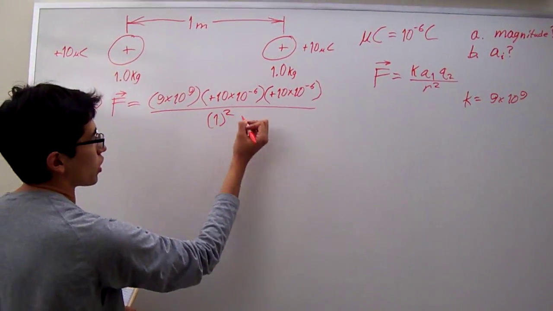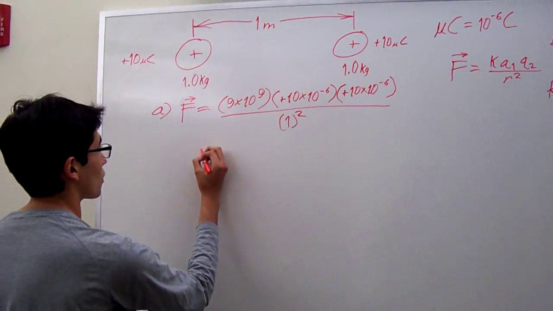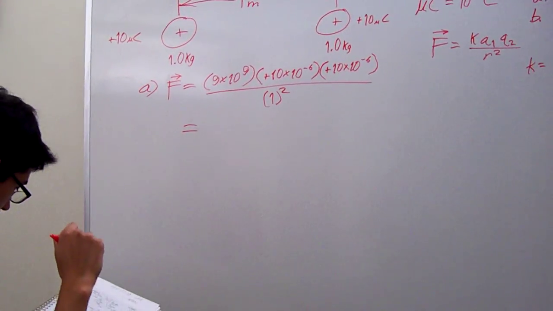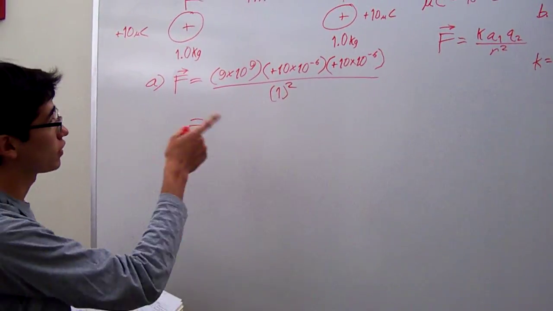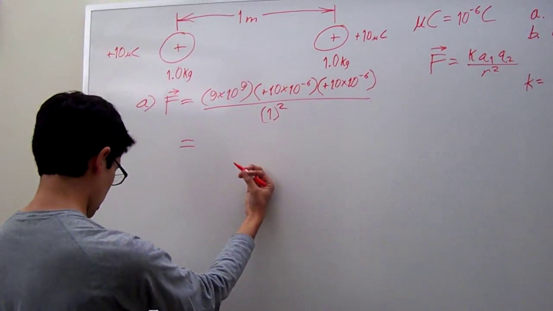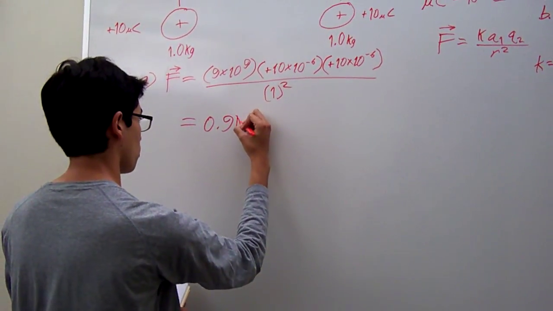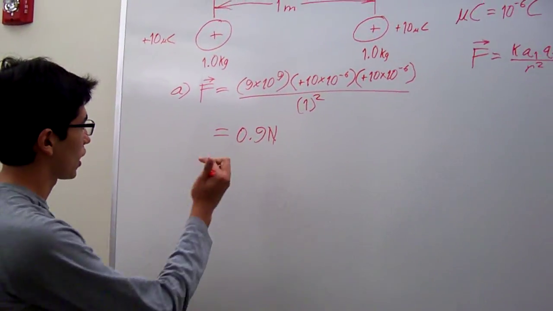So that's 1 squared, which is 1. So running this calculation ends up getting you that the magnitude of the force that one of these has on the other is 0.9 newtons.